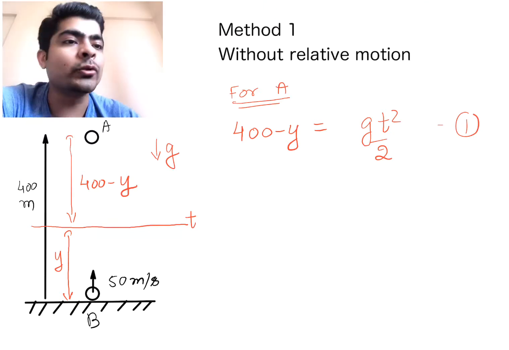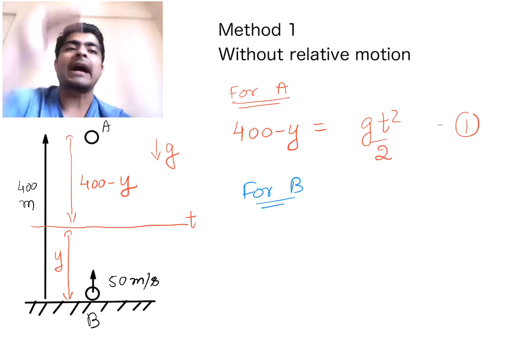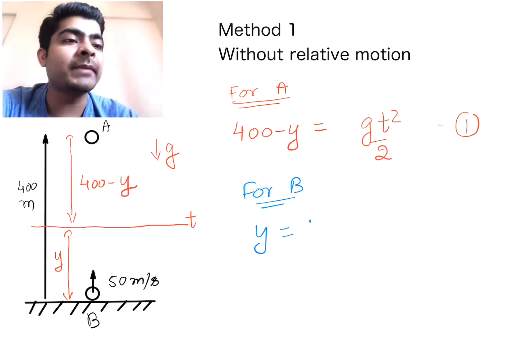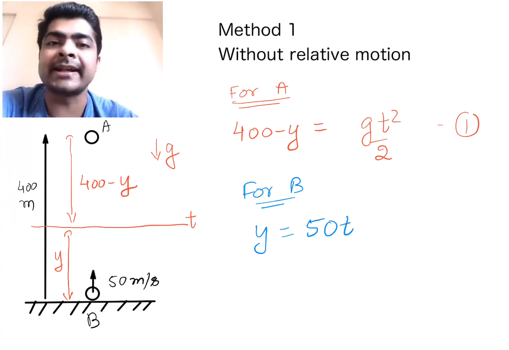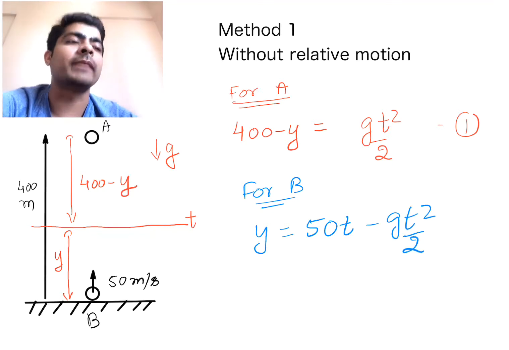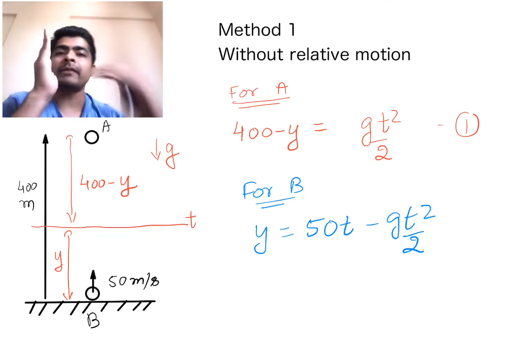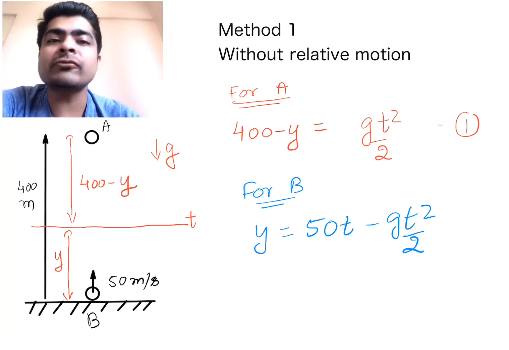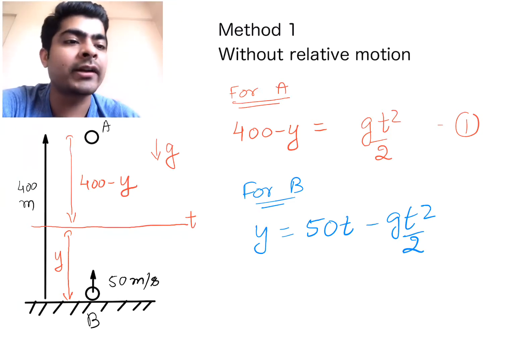For the ball B, it is covering a height y with initial speed 50 meters per second. So ut plus at square by 2, that is 50t minus gt square by 2. Minus sign because it's going up and acceleration is downwards. But gt square by 2 is equal to 400 minus y.